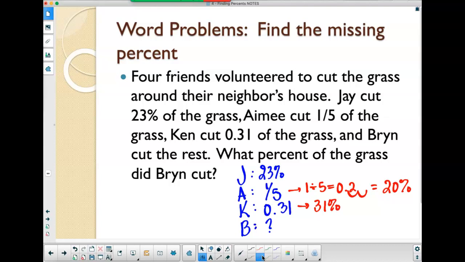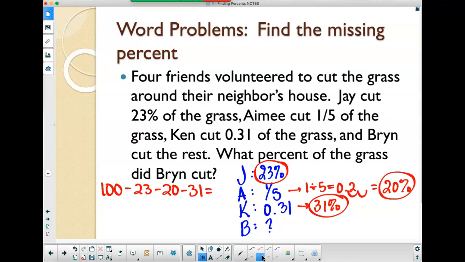Okay, so if Jay is 23%, Amy is 20%, Ken is 31%, the leftover percent is Bryn. All the percents need to add up to what? What would be the total? Matthew? 100. 100%. So let's take 100 and subtract all of those. Minus 23, minus 20, minus 31.